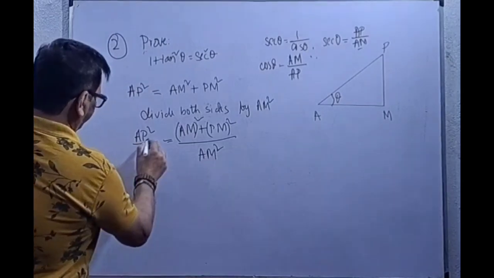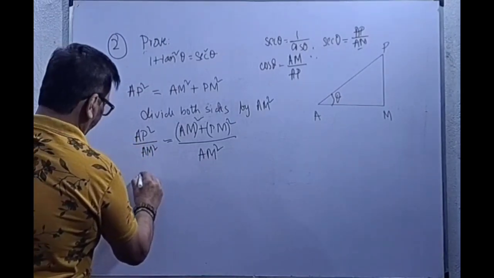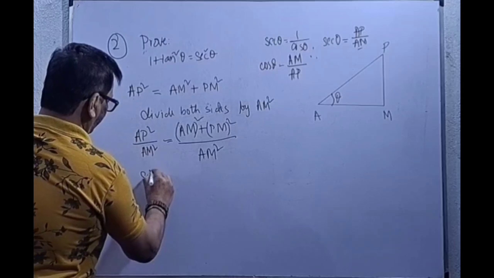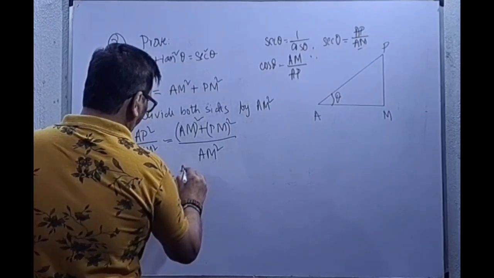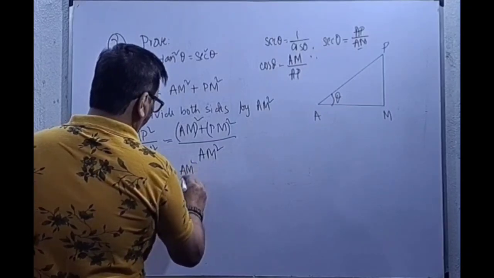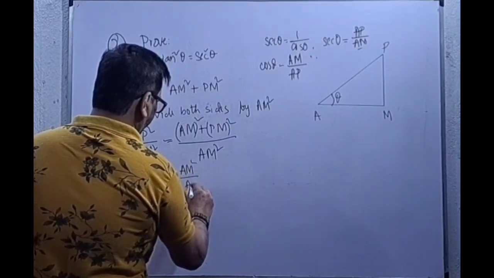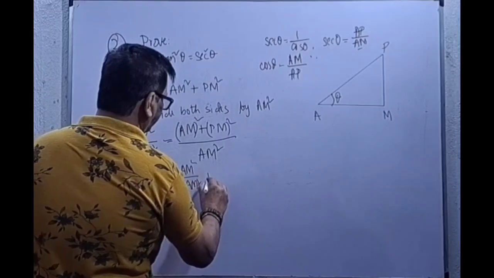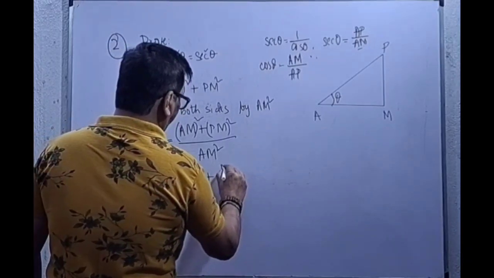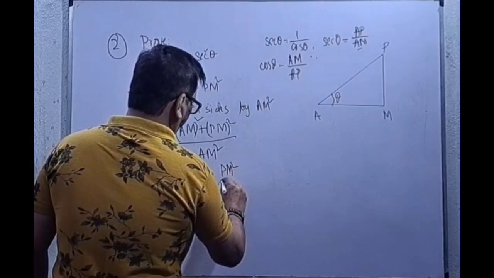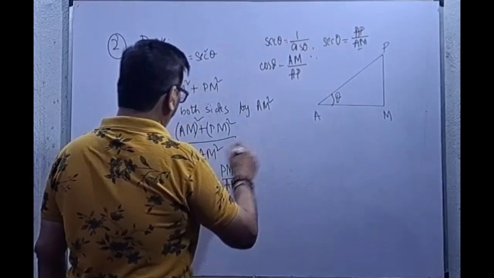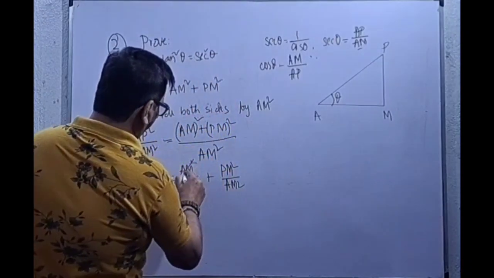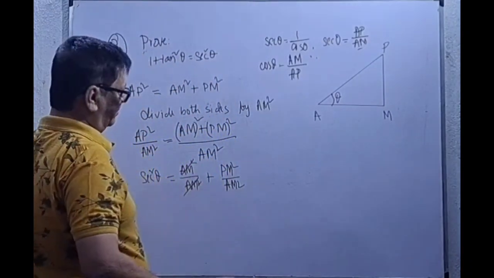Now if we break that, this we have got, this is equal to sec² theta. So sec² theta is equal to AM square by AM square plus PM square by AM square. Correct? Now see, this AM cancels out. You get 1.